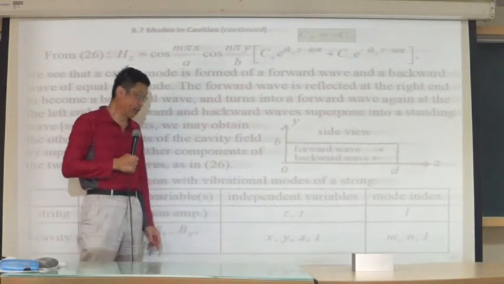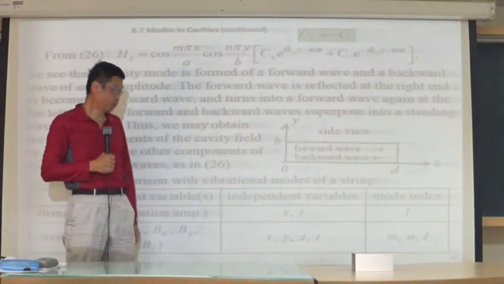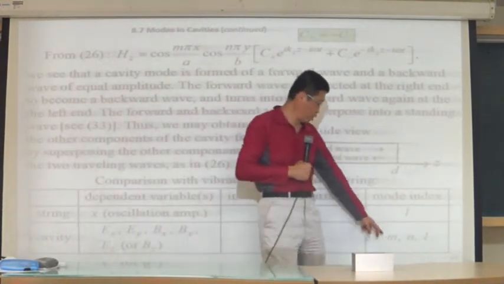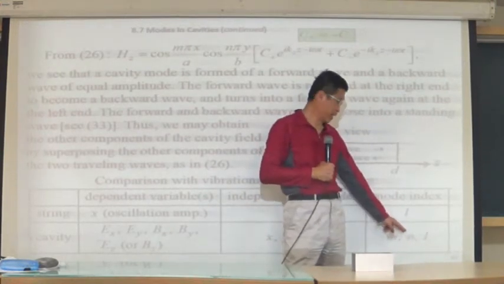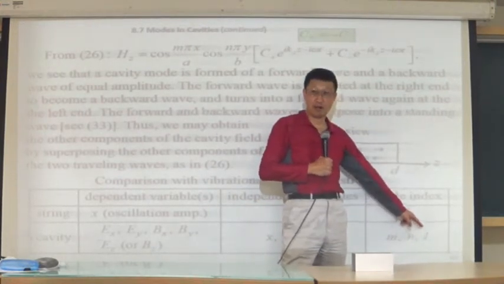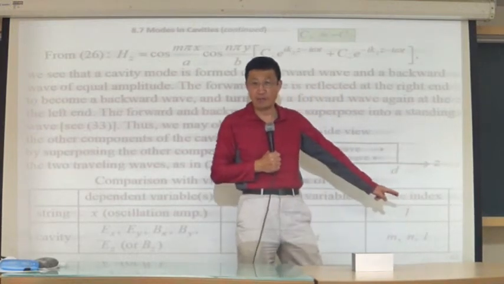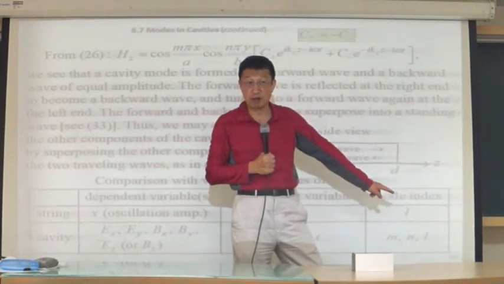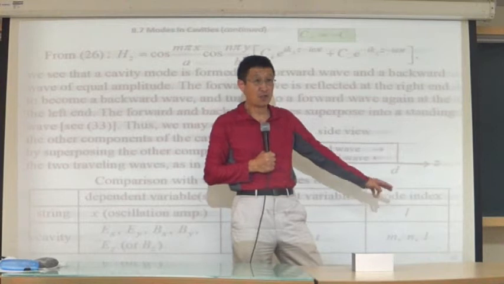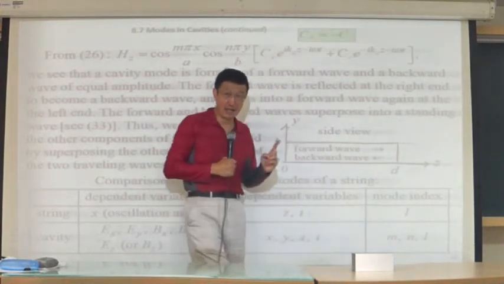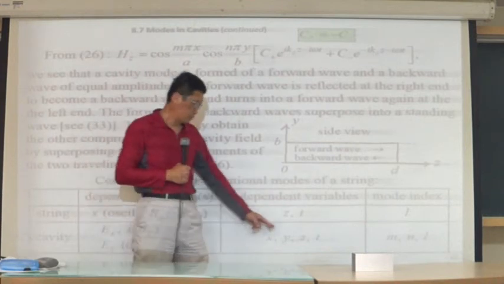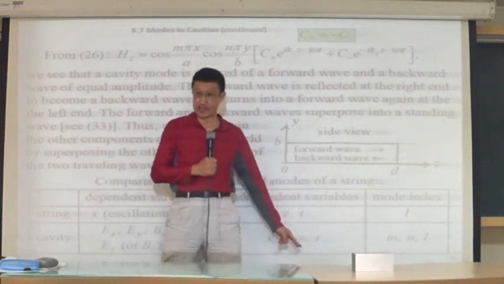The problem is that for the hydrogen atom we have the principal quantum number, angular momentum quantum number, magnetic quantum number, and we still have one more, the spin quantum number. But time is not quantized.